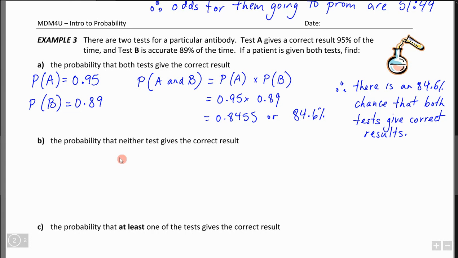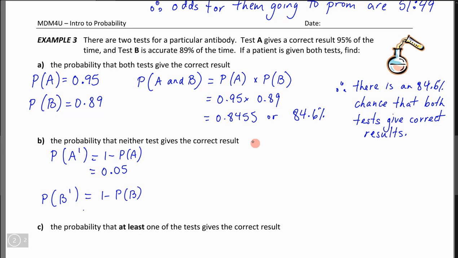Okay. So what's the probability that neither test gives the correct results? The probability of A not giving the correct result is just 1 minus P of A, so that's 0.05. The probability of B not giving the correct result is the complementary as well, so 1 minus the probability of B giving the correct result is 0.11.